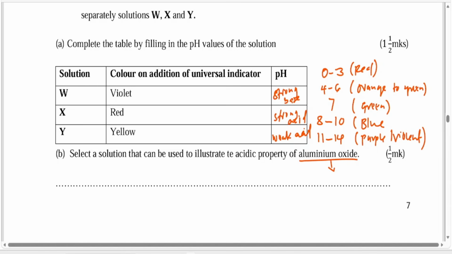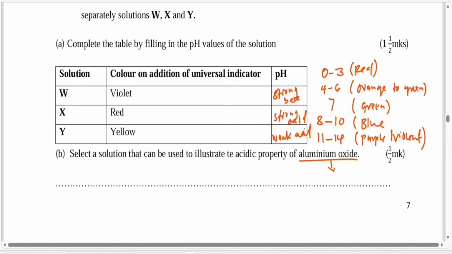It's an amphoteric oxide and it's insoluble. It could have been a weak acid if it dissolved, but there's a problem with the solubility of aluminium oxide.